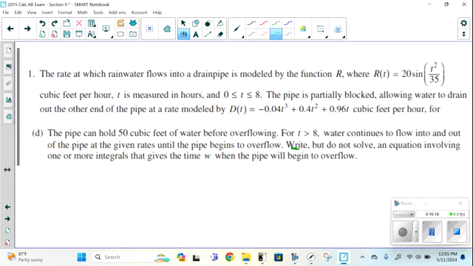Right, but do not solve an equation involving one or more integrals that gives the time W when the pipe begins to overflow. Okay, okay. So we know the moment the pipe hits 50 cubic feet, it's full and it will now begin to overflow.